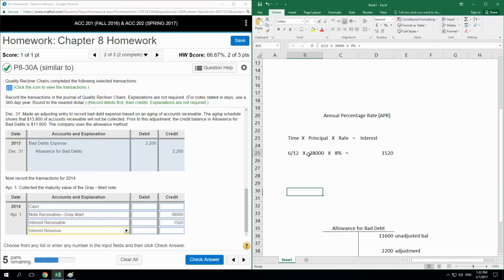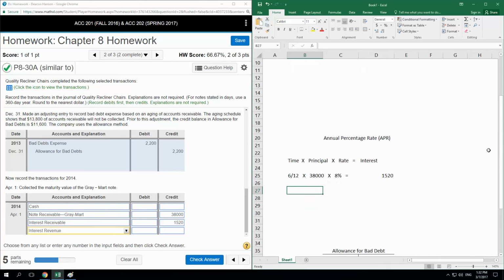If you want to do something like this, you could go 3 divided by 12 times 38,000 times 8%, and that would give you the last 3 months, right? So you could go 3 over 12 is 1/4, right? So you go 0.25 times 38,000 times 0.08. You're going to collect 760.